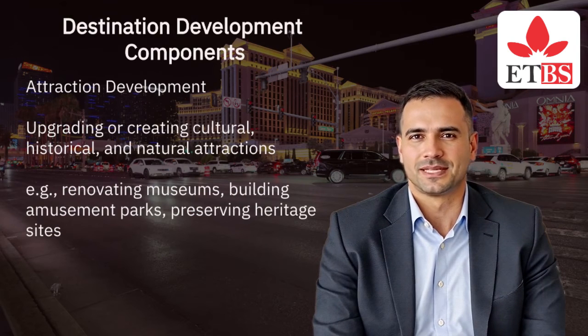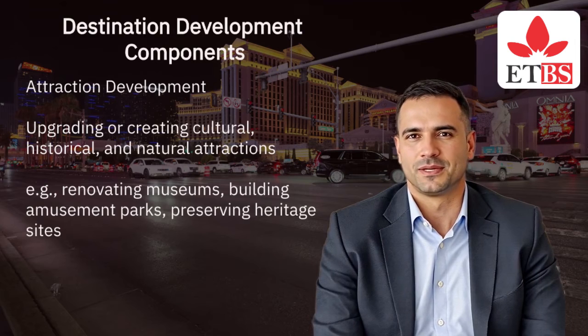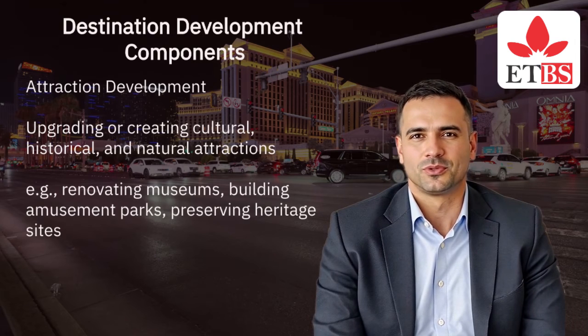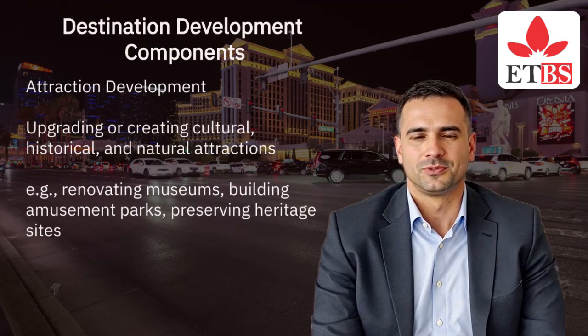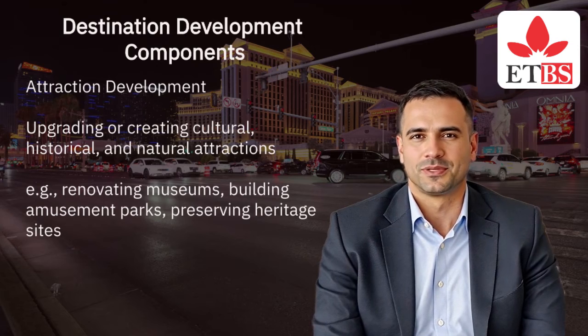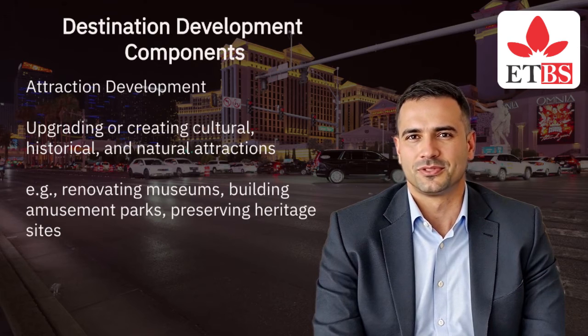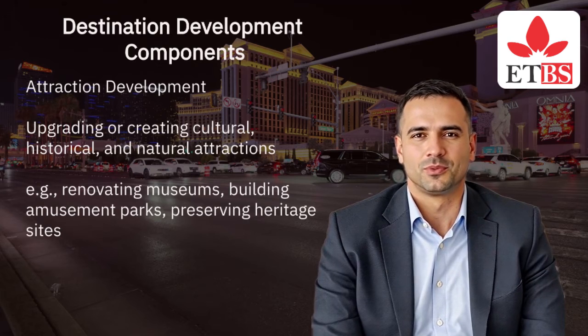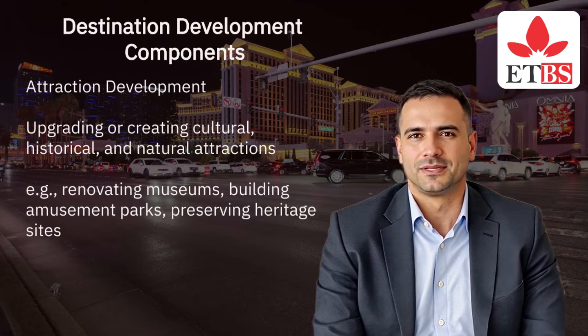4.4 Destination development components. Attraction development, upgrading or creating cultural, historical, and natural attractions, e.g., renovating museums, building amusement parks, preserving heritage sites. Accessibility, efficient transport networks, airports, roads, rail, visa and border policies, wayfinding and signage.